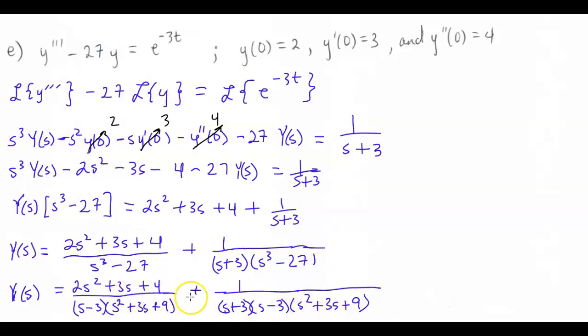And so now we're looking at this and we're saying, well, hey, this doesn't look so bad. Okay. We see that this second term actually has more in the denominator than this does. The only thing that this is missing is an s plus 3.